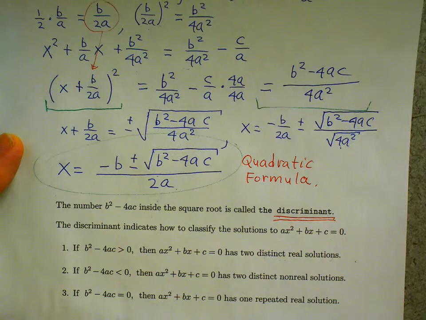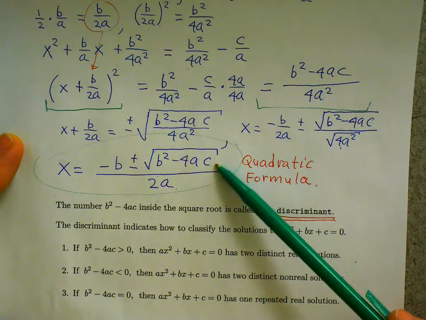And we learned a day or two ago that the square root of a negative is a non-real complex number. So if the discriminant is negative, then the two solutions to the quadratic equation are two different non-real solutions because of the square root of the negative.